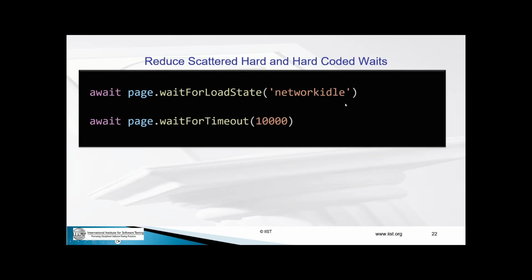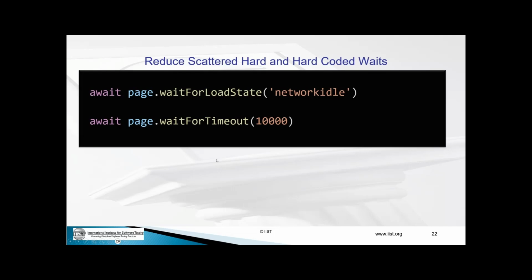One, your Ajax updates on your screen might do 2 or 3 of them, and this thing might get fooled by one of them. Hey, the network's idle, but it's still updating, and it gets past this. Another time, I also watched this sit for 5 minutes waiting for the page to be ready. So if you do use this, definitely put a timeout in there. And definitely we don't want to wait for hard-coded timeouts.